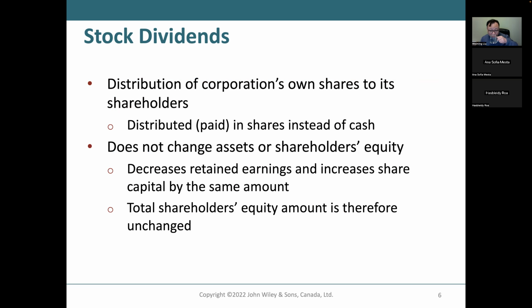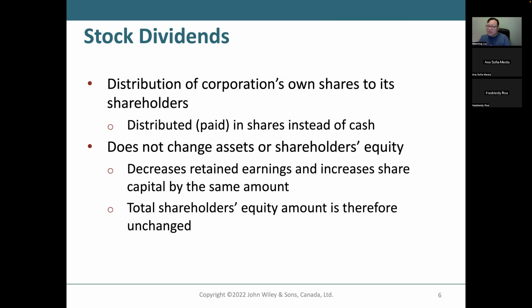So when you issue additional stocks to a shareholder, that does not cost any cash. Basically, it will not change any assets. By issuing stock dividends, you are not giving up cash, so your asset will not change, and your shareholder equity will not change. So what really happened is your retained earnings, right?